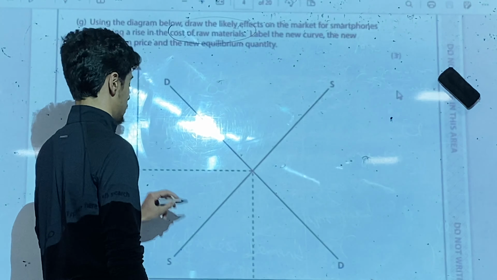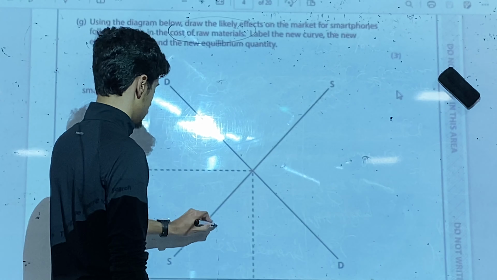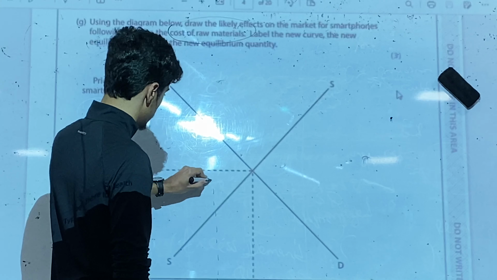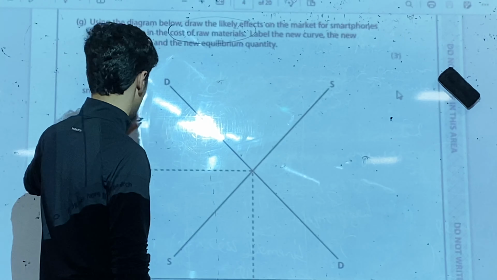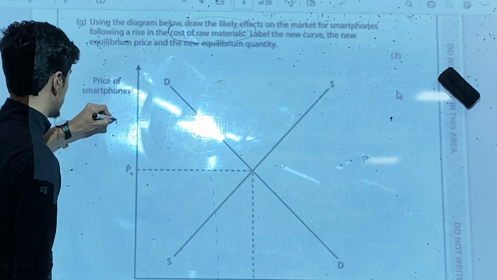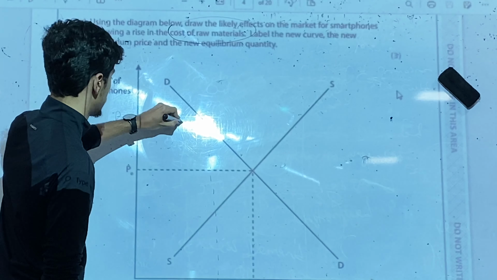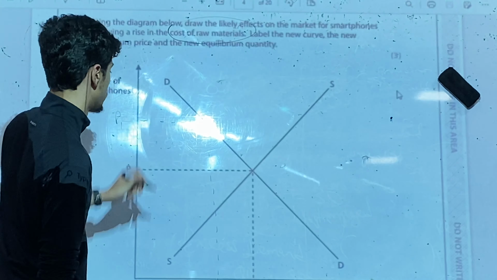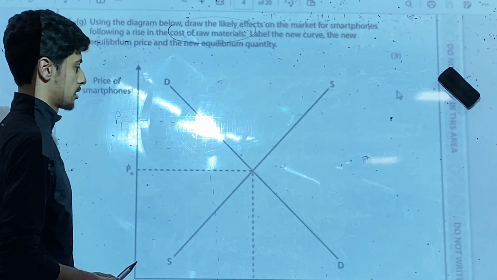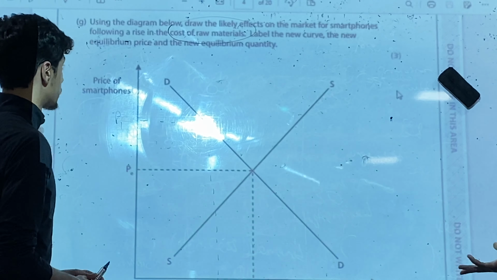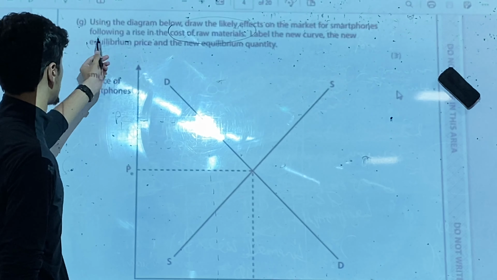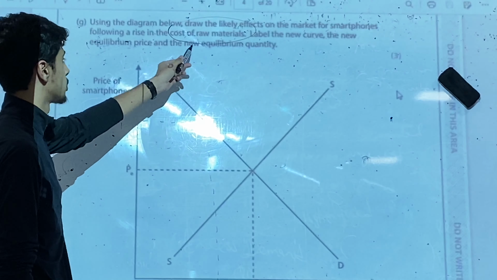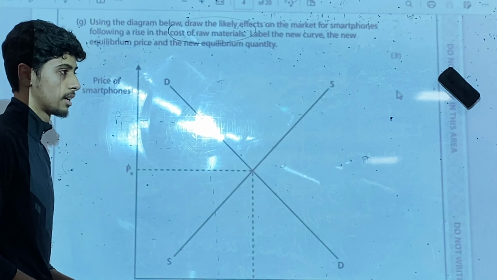You have to start from the point of demand. And the new price is here. This is the new equilibrium. This is because a rise in the cost of raw materials happened.